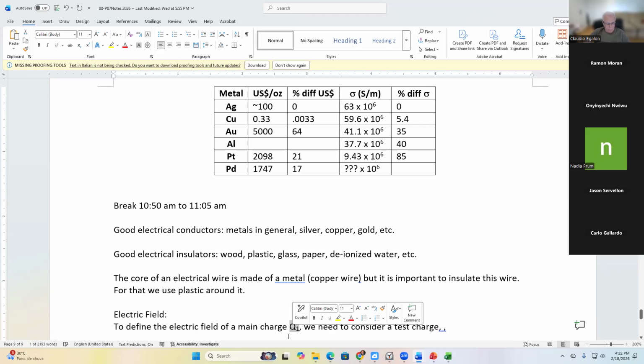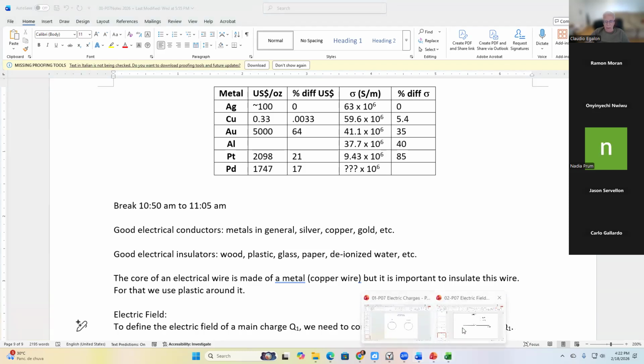We need to consider a positive test charge, q_t, whose value is much less than the main charge Q1. Those are the conditions that we need to define the electric field, and there is a reason for that. I'm going to tell you exactly why.